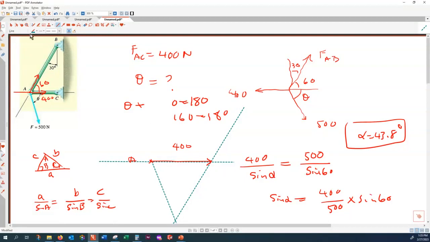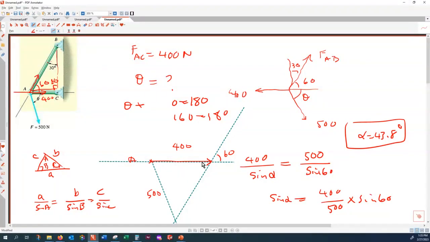That one is 500. And then what is this angle? In this triangle, that is 30, this is 90, this is 60. 60 is the angle between 400 and that hypotenuse, if you like. So this is 60 degrees.